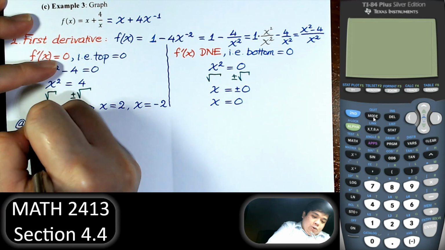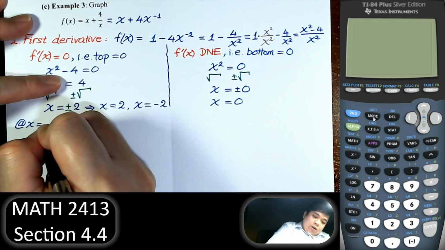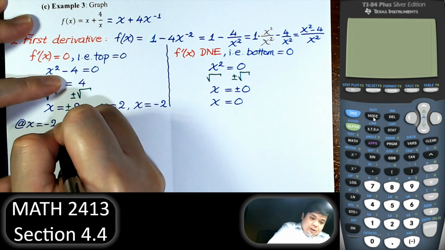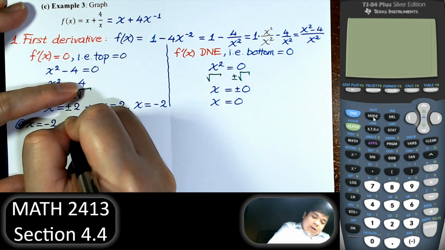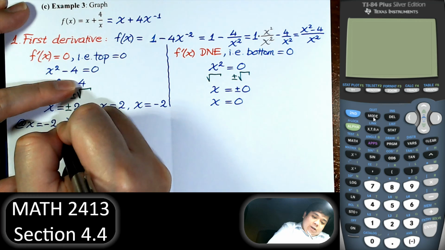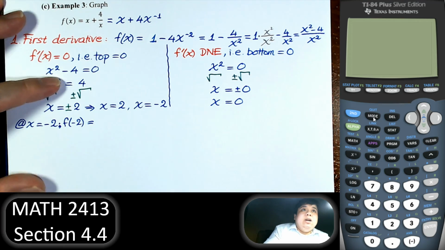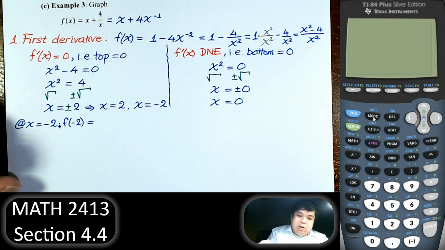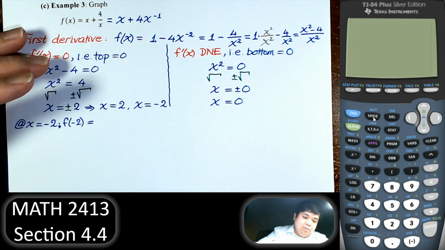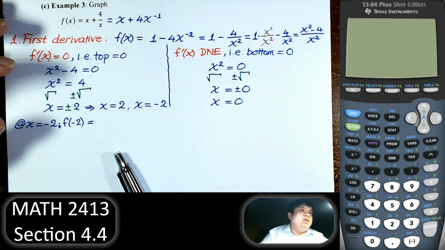At x equal to negative 2, f of negative 2 equal to, actually we should put in the table. For this it will look better, but let's just write this out.